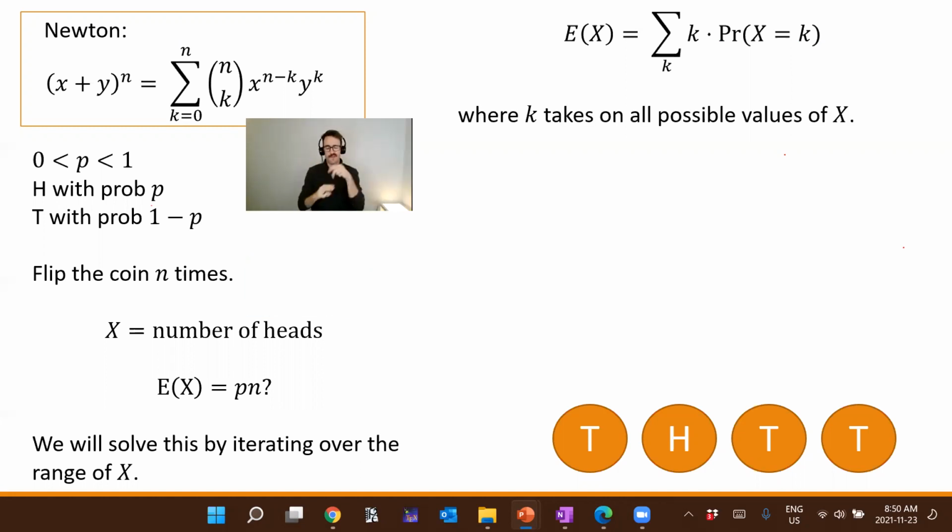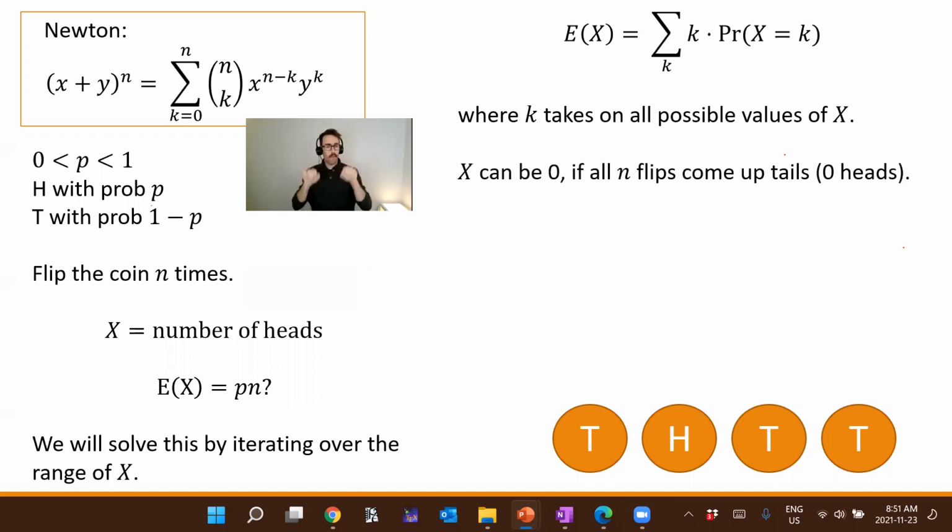Okay, so k takes on all possible values of x. k is the range of x. So what are the different values that k can take? Well, if I flip a coin, here I flip a coin 4 times. If they all came up tails, then my x would be 0, right? Which is also the same as saying k is equal to 0, since we have x equal to k.